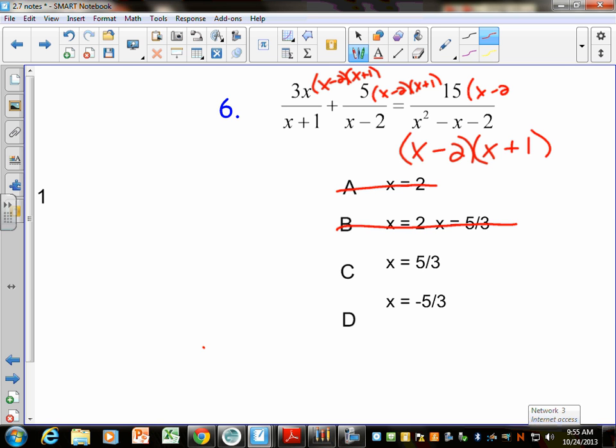X minus 2 times x plus 1. How is it not D? It's not. See? Yes, it is. I'm working it out so we can check that we're doing this right, kids.